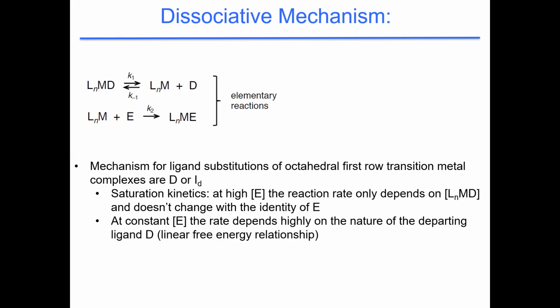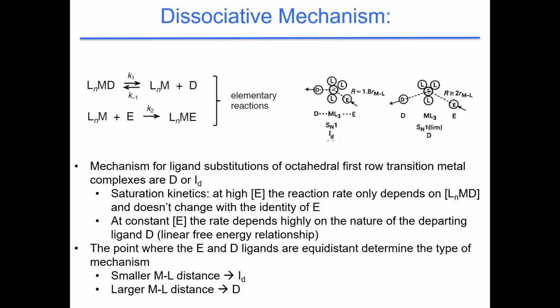Additionally, at constant concentration of the entering ligand, the rate depends highly on the nature of the departing ligand, and this can be observed through a linear free energy relationship, where you can correlate the strength of the metal ligand bond to the rate of dissociation of the complex.